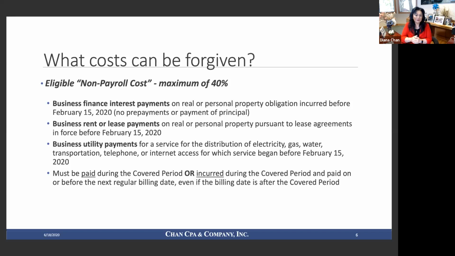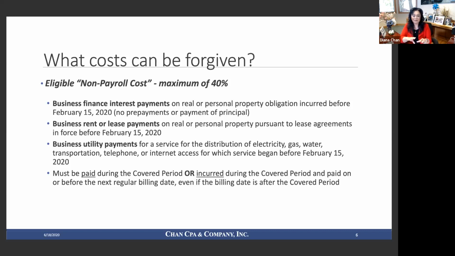So I wanted to make sure as well that you knew that business utility payments do qualify. That will be electricity, your gas, your water, your telephone, your internet access that you were committed to before February 15, 2020. I added transportation in here, but please be aware that's only in regards to transportation required to bring the gas or water or electricity or internet to the facility where you're producing your workplace.